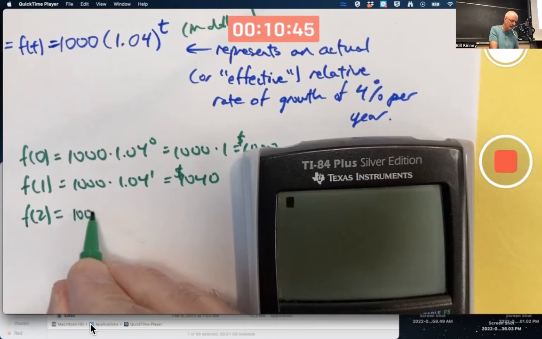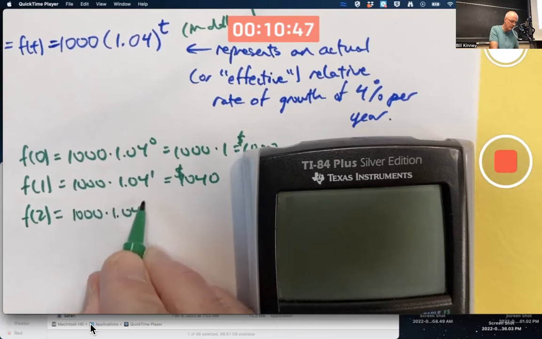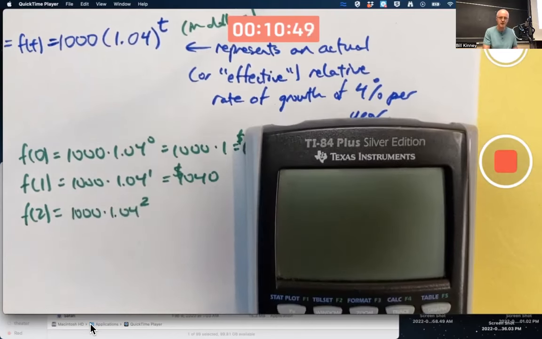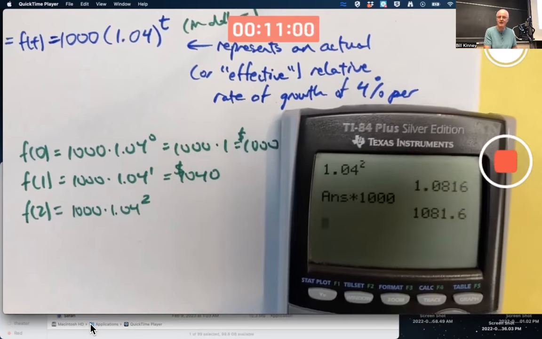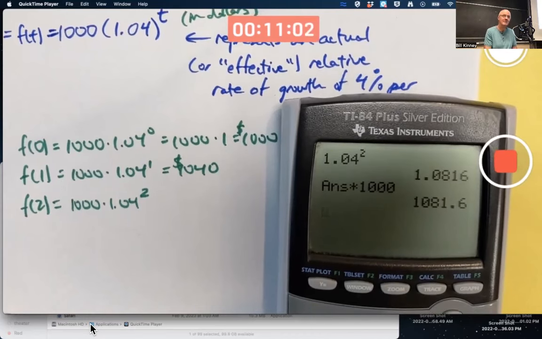Use the formula with t equal to 2. I have to compute 1.04 squared and get 1.0816, yes, times 1,000. That is $1,081.60, just like I said.